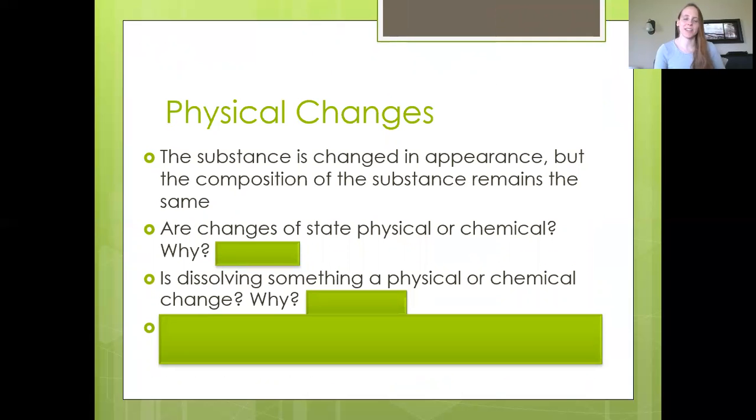Okay, so physical changes. A physical change is anytime a substance changes its appearance, but not its composition. So in order to be a physical change, the makeup or the composition of that substance can't change. Changes of state are always physical. When you go from liquid water to ice, you're changing the state.